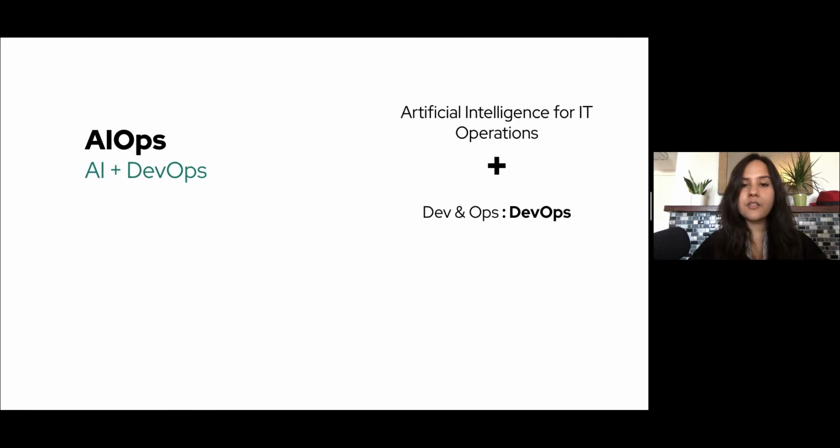And the same cultural change is going to happen with AIOps. The DevOps culture and the data science culture are using different tools and have some different mindsets. Our aim with AIOps is to bring these two cultures together and learn from each other.